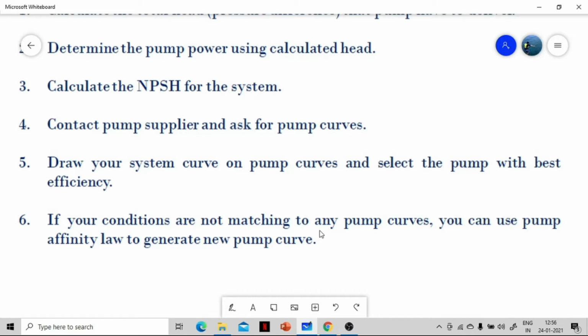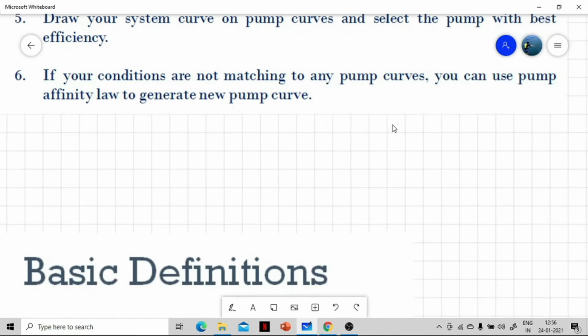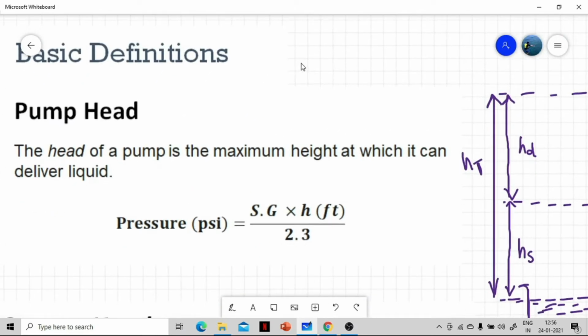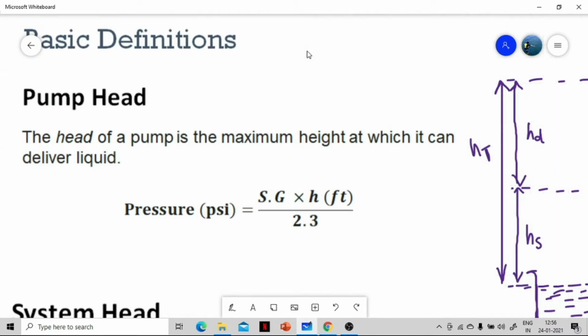Now let's go further into the details of each step. So the first thing is, what is pump head? Usually, for pump head or pressure head, pump suppliers do not give you the data in terms of discharge pressure.